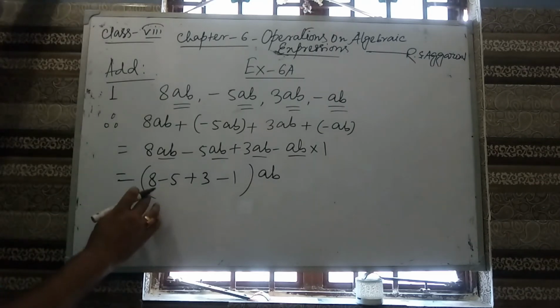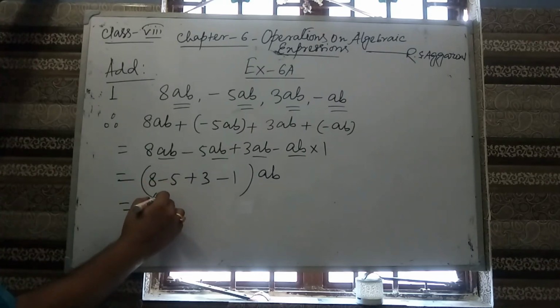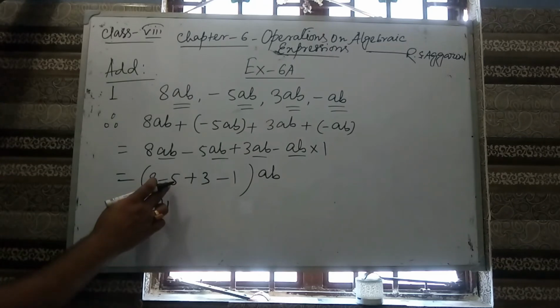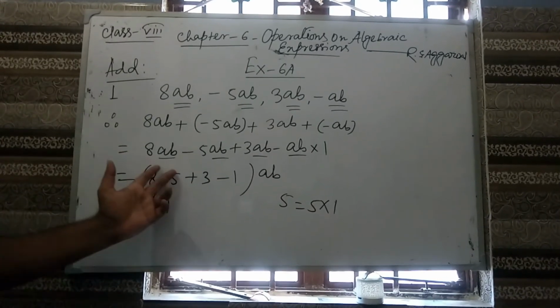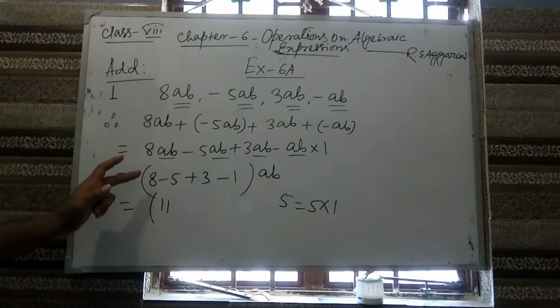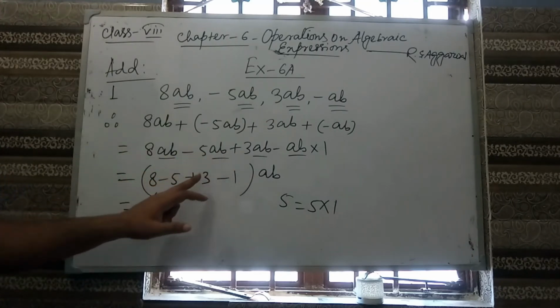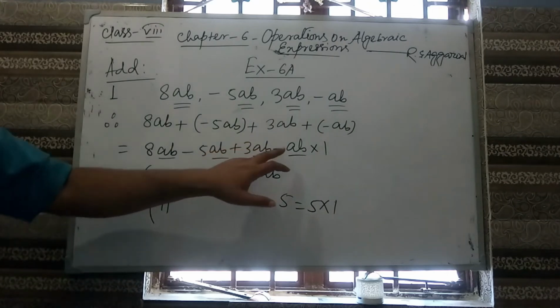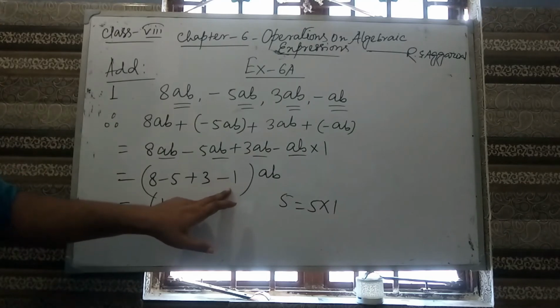Now calculate. 8 and 3, they are positive, so positive numbers we can add. 8 and 3, 11. Now minus 5, minus 6, same sign numbers. So by taking AB common from all the 4 terms, we are left with 8 from the first term, minus 5 from the second term, plus 3 from the third term, and minus 1 is left.